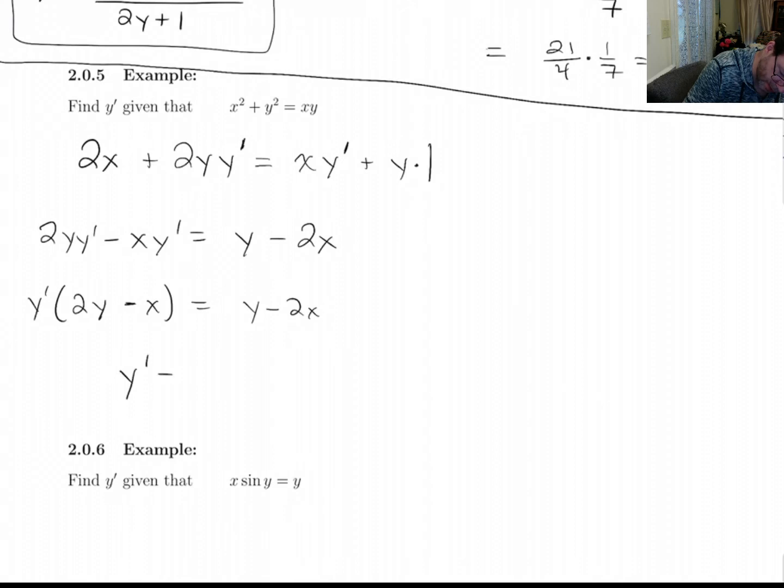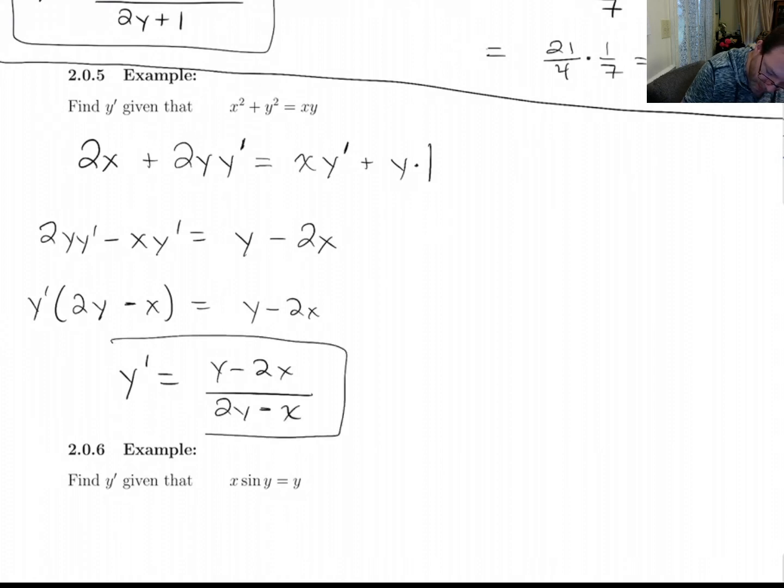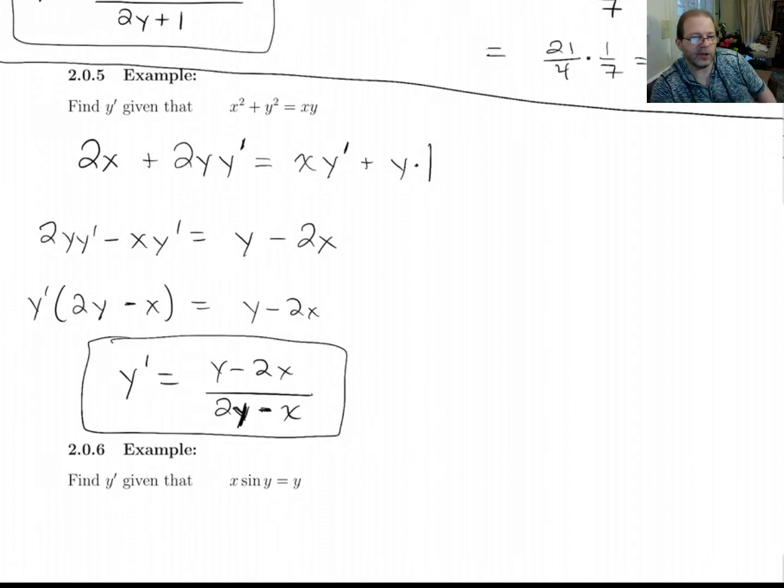So I get y prime is equal to y minus 2x over 2y minus x. It's not written very well, but that's good enough.